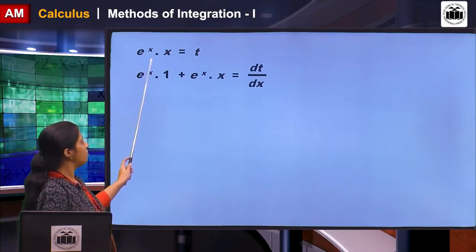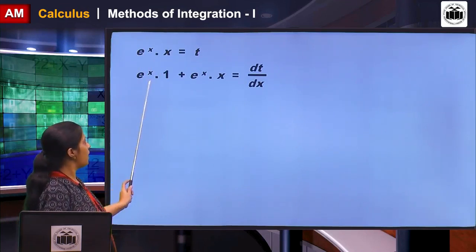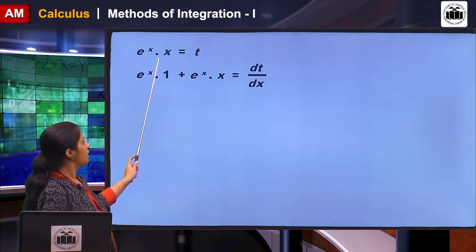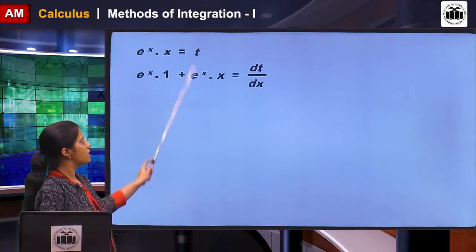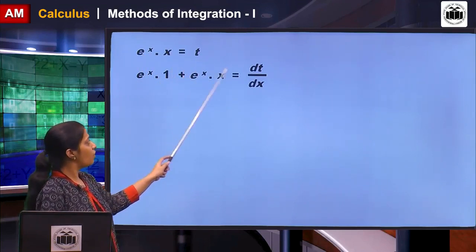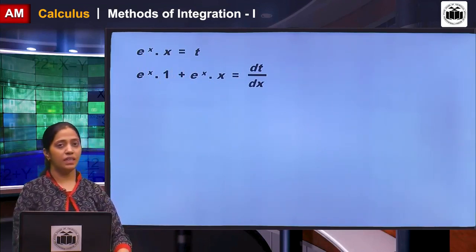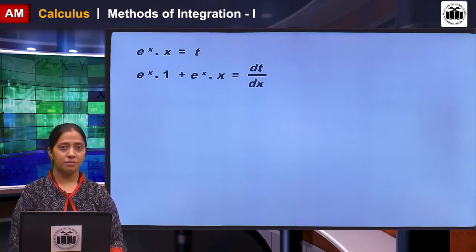This is the first term, this is the second term. First term as it is, derivative of x is 1, plus second term as it is, derivative of e raised to x is e raised to x, equal to the derivative of t, that is dt by dx.